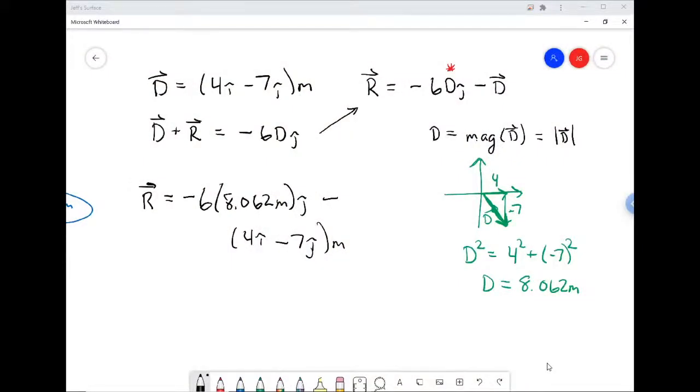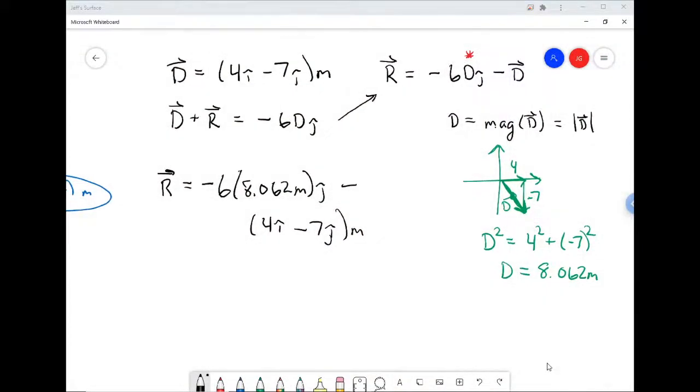All right, so how do I solve this? Well, here's the magic of vectors in x and y component form. The magic is that you can think of it as two problems. There's a problem in x and a problem in y. And if you're adding vectors, you add all the x components and you add all the y components separately. And then at the end, you can put them back together if you want.